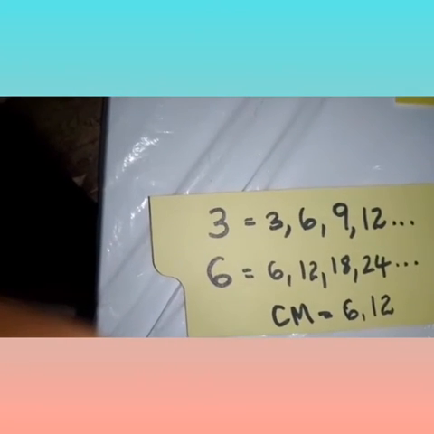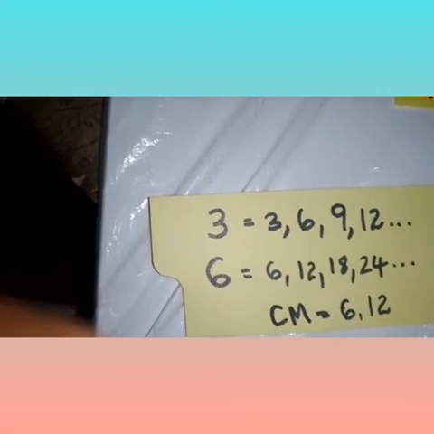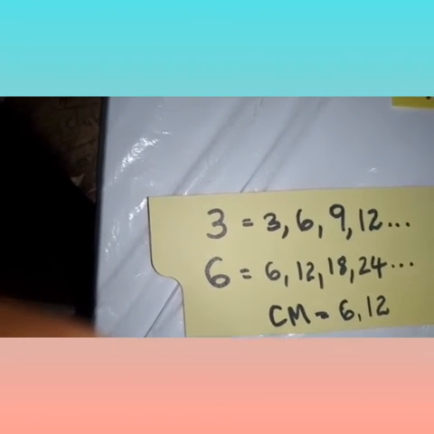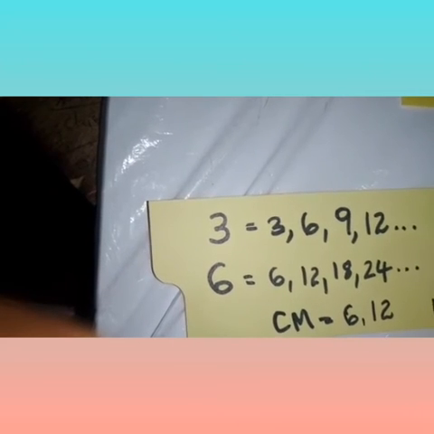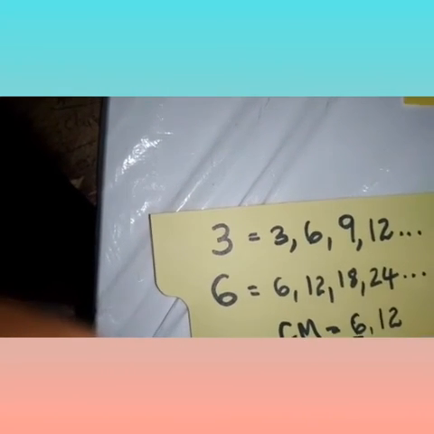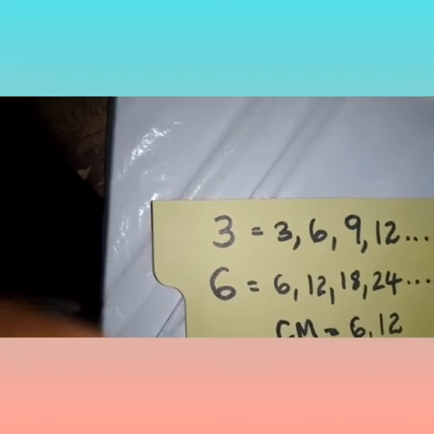Now look at the common multiples and tell me which one of them is lowest, which one of them is smallest, which one of them is the least one. That would be 6.